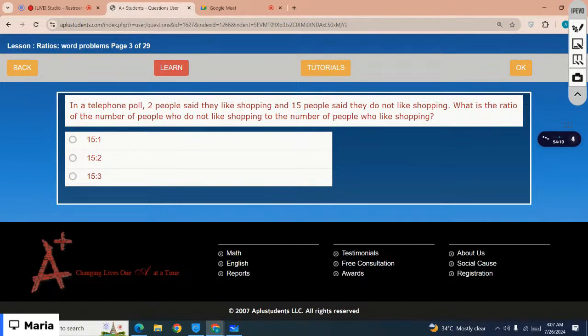The correct option is 15 ratio to 2. Option number 2 is the correct option.